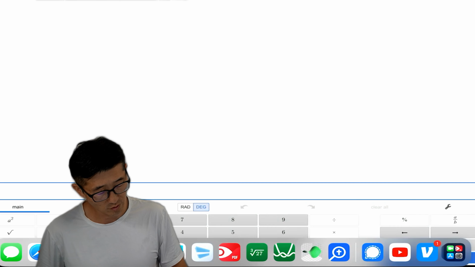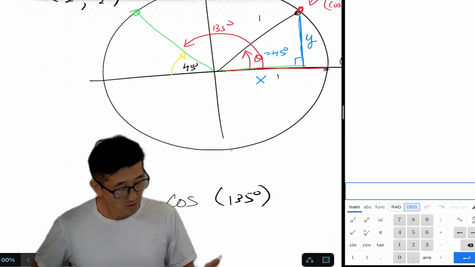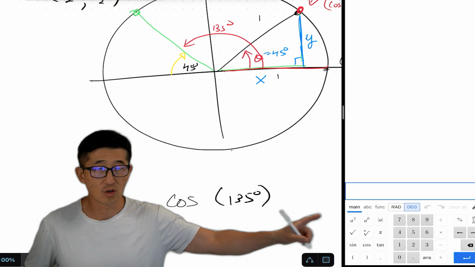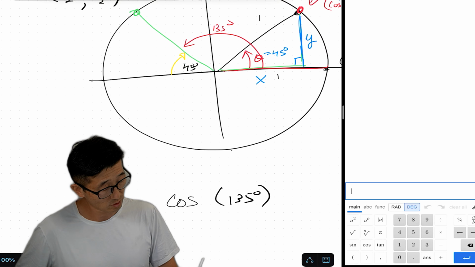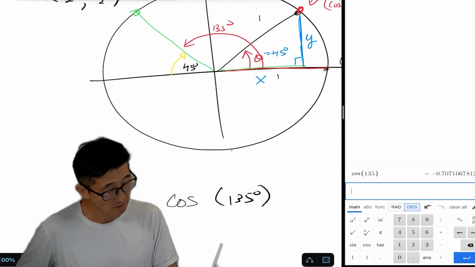So let's open up both of these. Okay, and make sure your measurements are in degree form. So we got cosine, not 45, 135. Guess what?